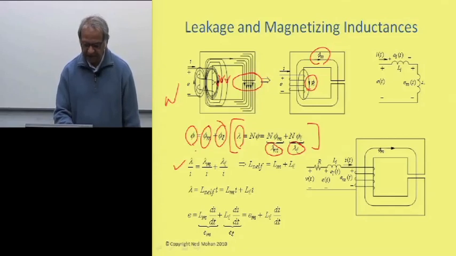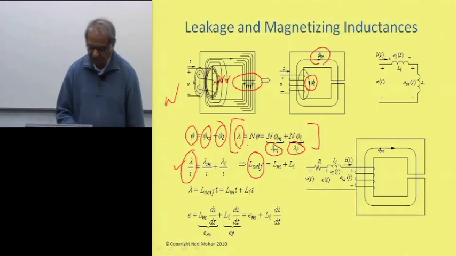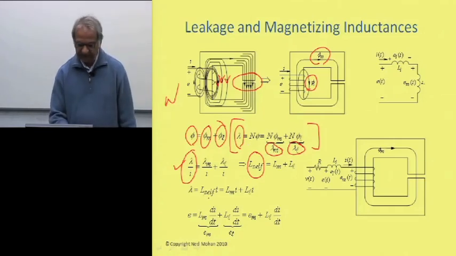We know that the flux linkage divided by the current is the self-inductance of this core. And this self-inductance consists of this term, which is the magnetizing inductance of this core, and this term here, which is the leakage inductance.